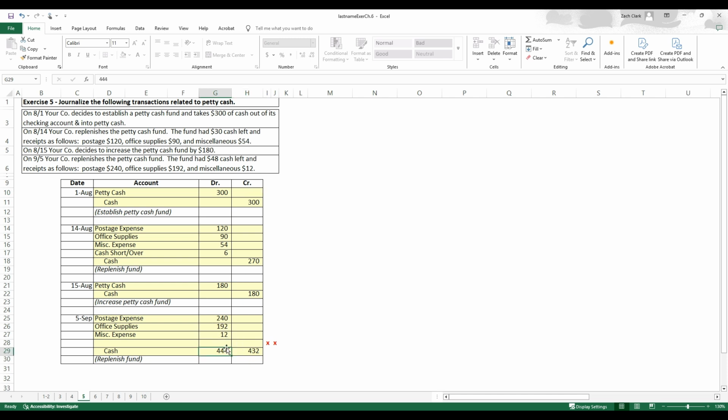But in order to get this to balance, we need to do our cash short or over. But this time, we need to do it for a credit balance. Is that $36, I think? No, sorry. Well, okay. 240 plus 192 plus 12, 444 is the total.